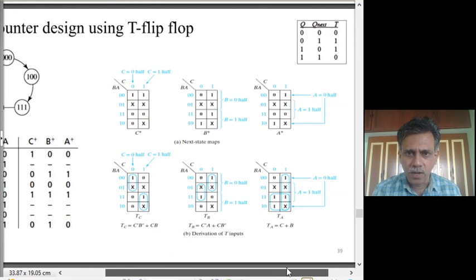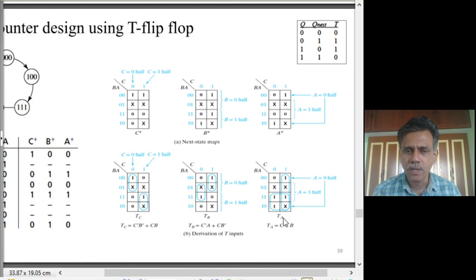Similarly, we will do it for A. Identify the A is equal to 0 and A is equal to 1 sub K maps. For the topmost row and the bottommost row, A is equal to 0. So the A is equal to 0 half is the first row and the last row. A is 1 for the middle two rows. This is the A is equal to 1 half.